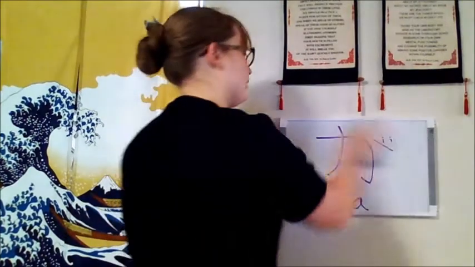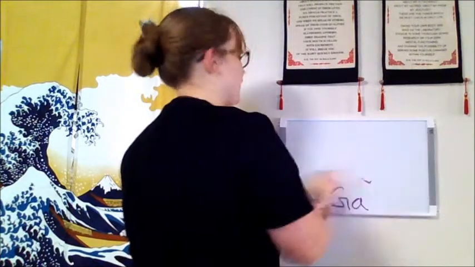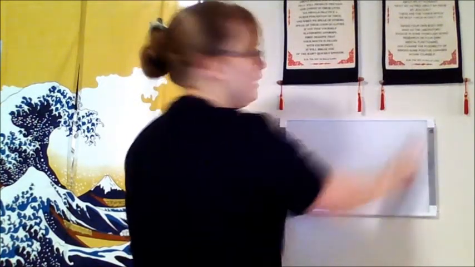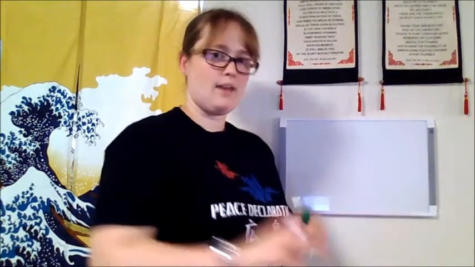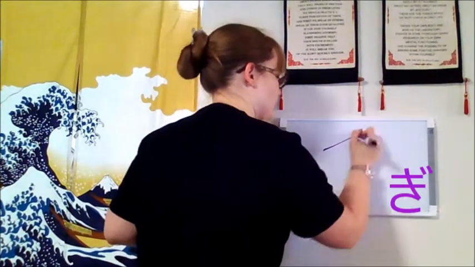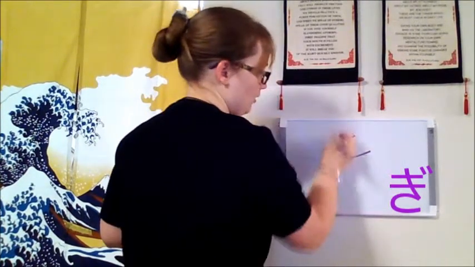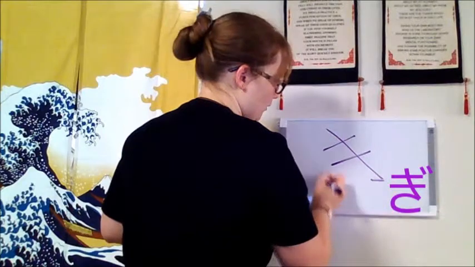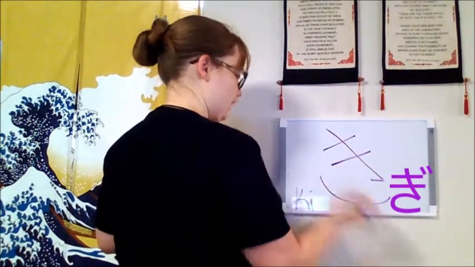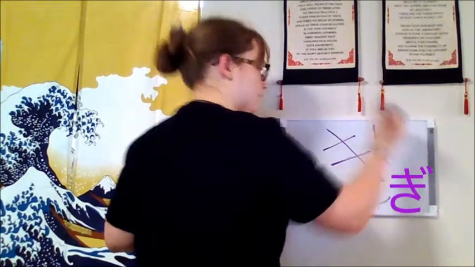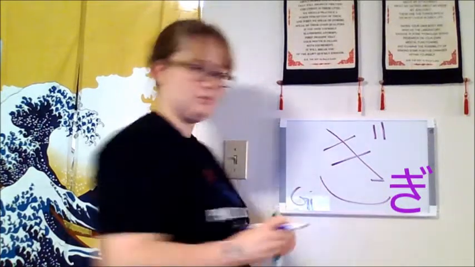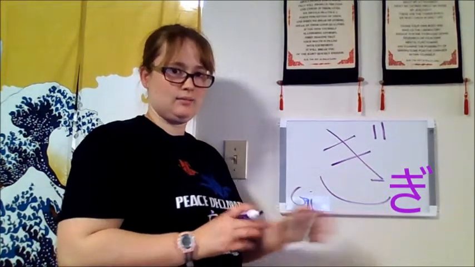All right, so next is ki, and if the dakuten changes ka to ga, and the character is ki, then that means that the character changes to gi. So same strokes, 1, 2 at the diagonal, 3, come down, 4, we have ki, right, and we add the dakuten off to the side, and this becomes gi.